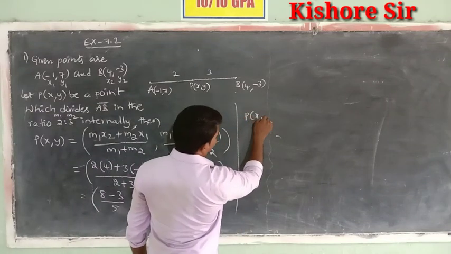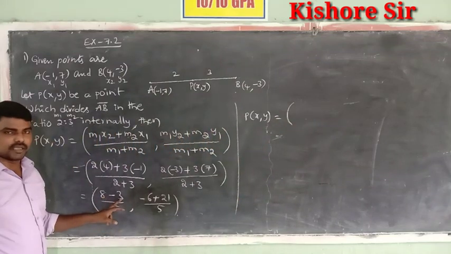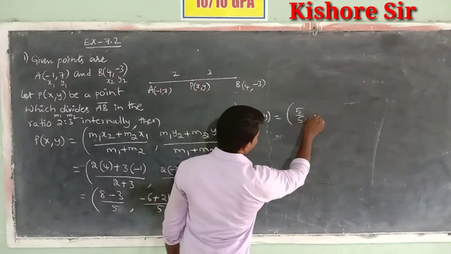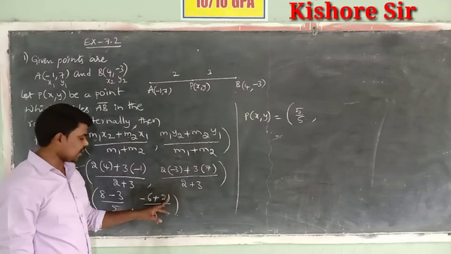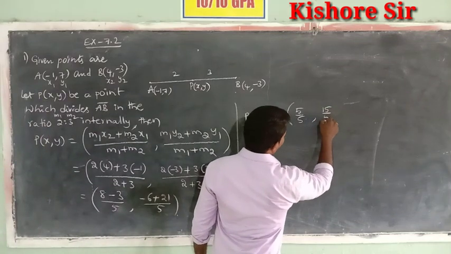So P of x comma y is equal to 8 minus 3 is 5, 5 by 5, comma, minus 6 plus 21, 21 minus 6 is 15, 15 by 5.